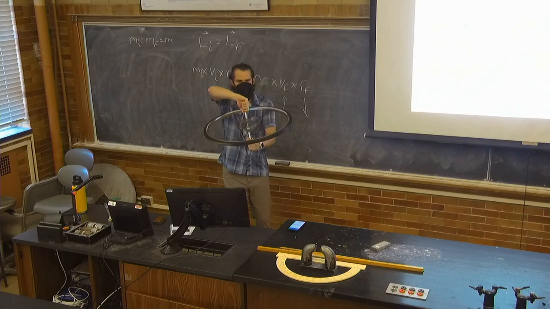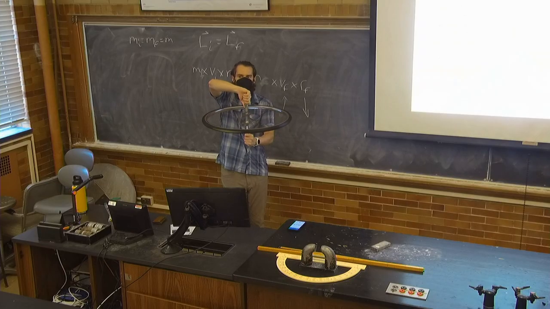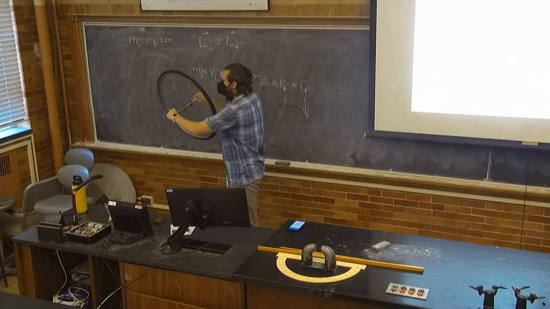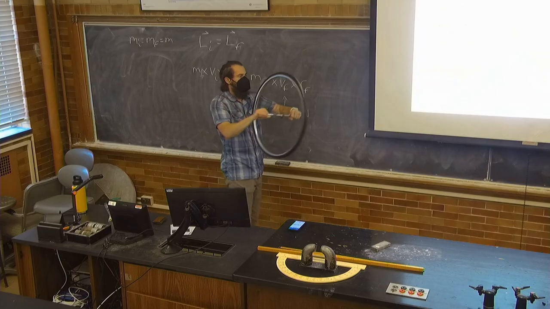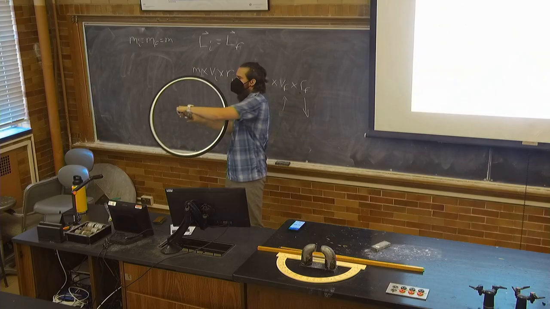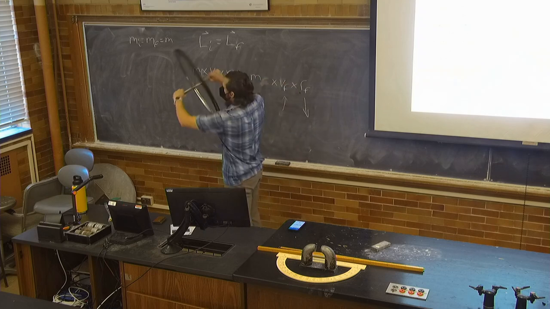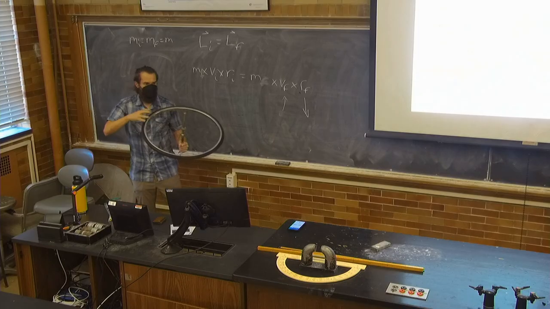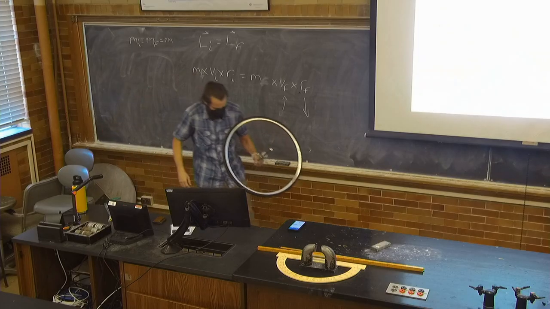I'm going to stand on the platform. I'm not moving. Just by turning the wheel, I can start myself spinning really fast, and then I can just stop on a dime by rotating it back the other way.